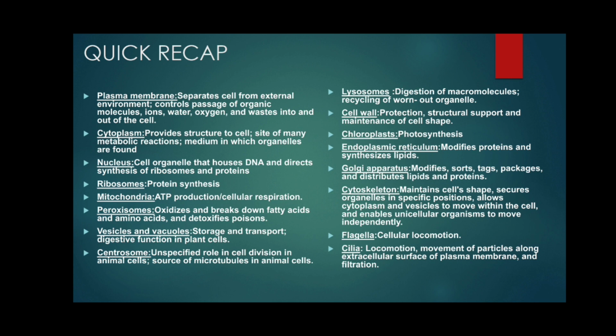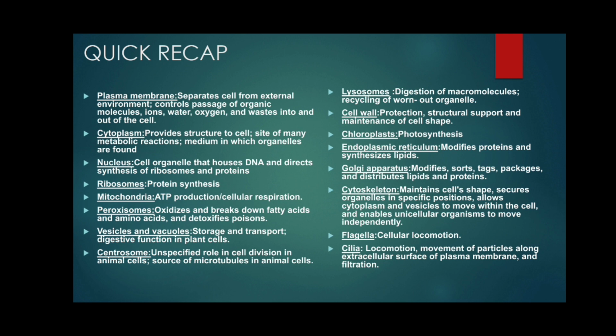Mitochondria is the site where energy is produced in the form of ATP. Peroxisomes are the organelles found near the ER, and these are the organelles which oxidize and break down fatty acids and amino acids and detoxify poisons. Vesicles and vacuoles help in storage and transport.